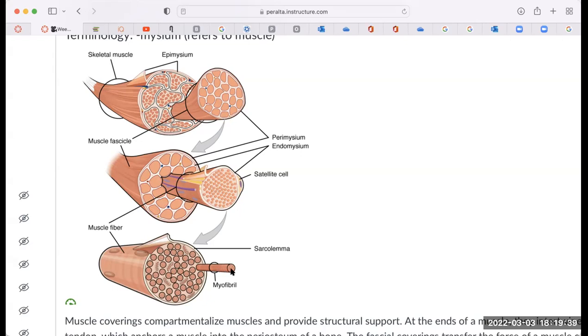That's how small we're going to get. When we want to study how a muscle contracts, we take one of those myofibrils and chop it up, and inside there are these different lines.